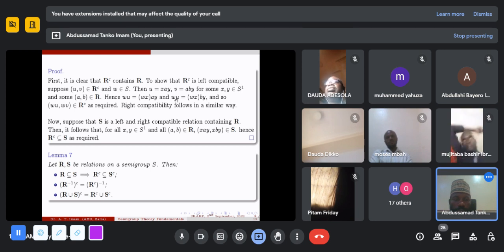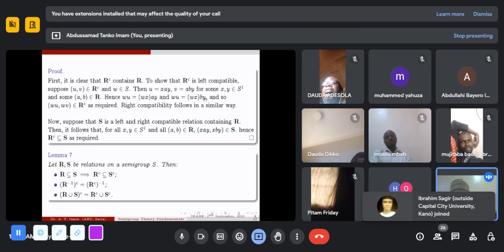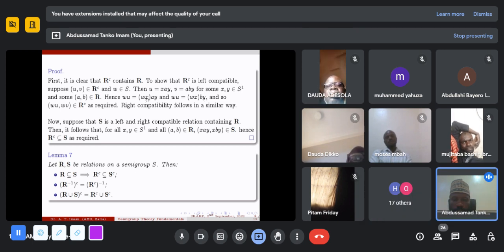These are just typos, please. Now, if you look at the brackets, you have wx and y. You sandwich a with wx and y, and also you sandwich b with wx and y. You see, the same element, because this wx must also be in S^1.